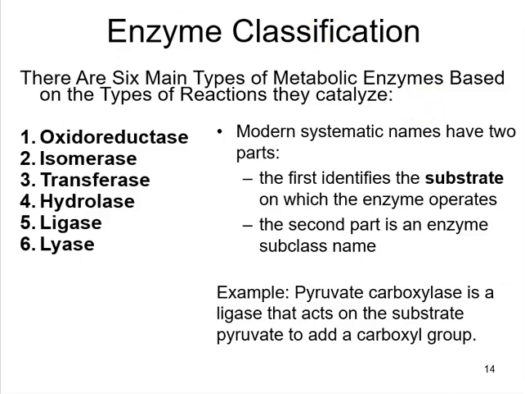When we're talking about these different types of enzymes, sometimes some of these names will be involved in them, and sometimes they won't be. But a lot of modern systematic naming of enzymes generally identifies the substrate first, and then the second part is the enzyme subclass name. For example, pyruvate carboxylase, it's going to carboxylate a pyruvate molecule.